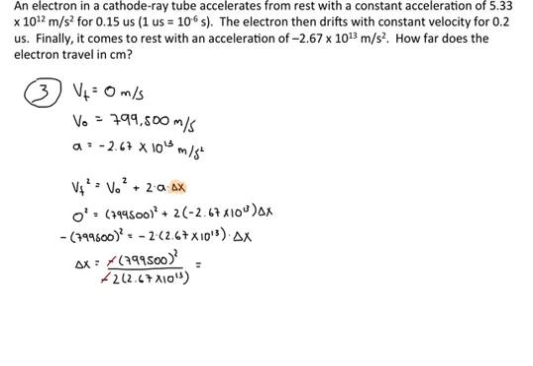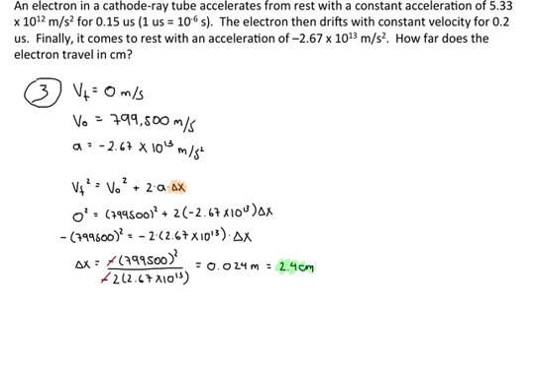Hopefully you will do it correctly. And you should come to say that the distance traveled in this part was 0.0234 meters. Again, the question asks for the distance traveled in centimeters, so you multiply it by 100 to get 2.4 centimeters. Right, and this is the final result.